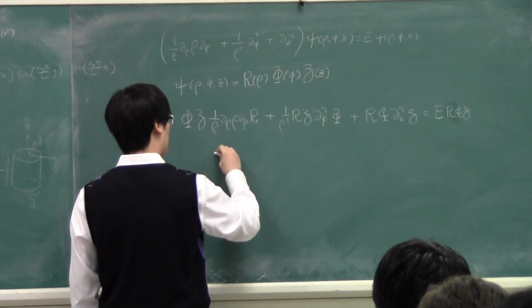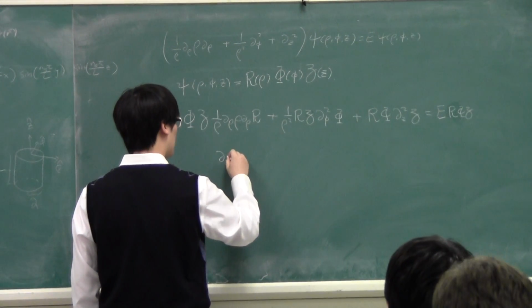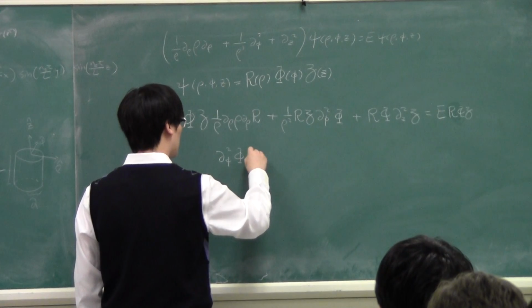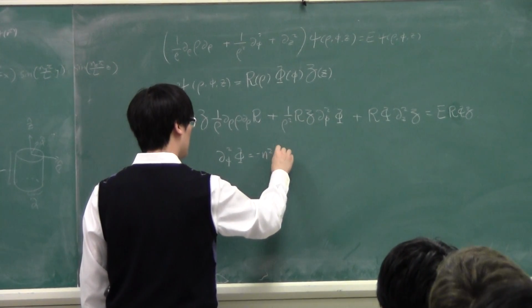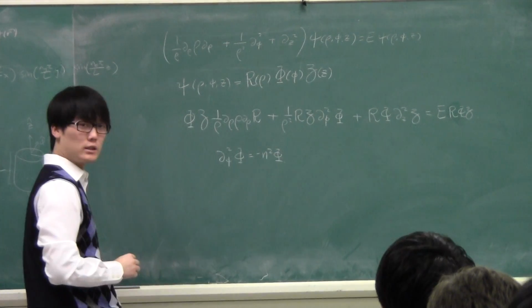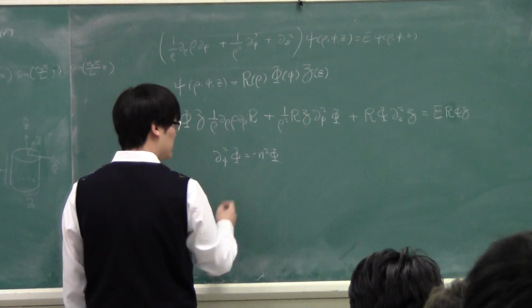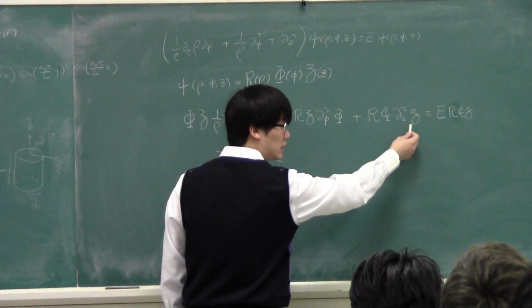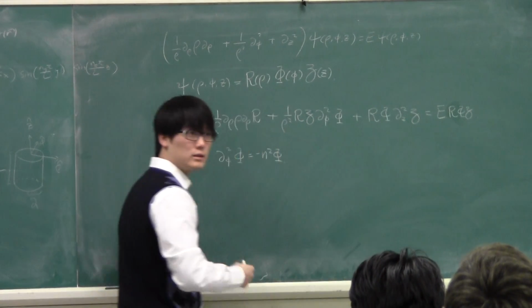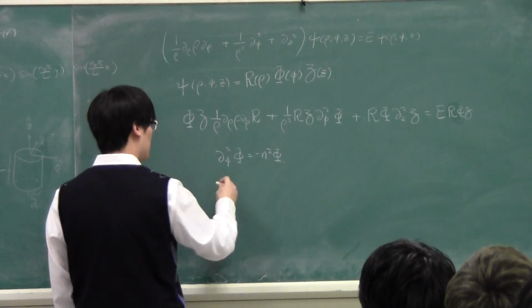And I'm going to denote this eigenvalue problem by And then another eigenvalue problem would be the eigenfunctions and the eigenvalues of the second derivative with respect to z.